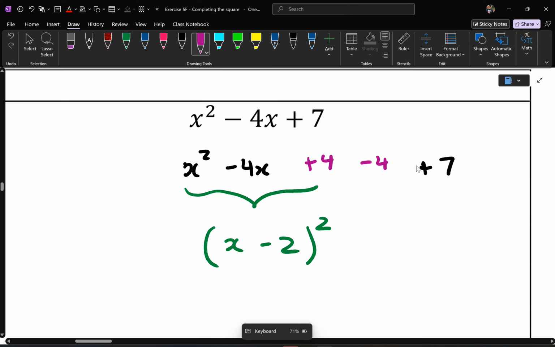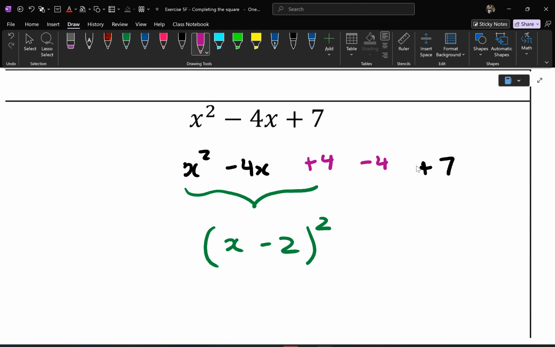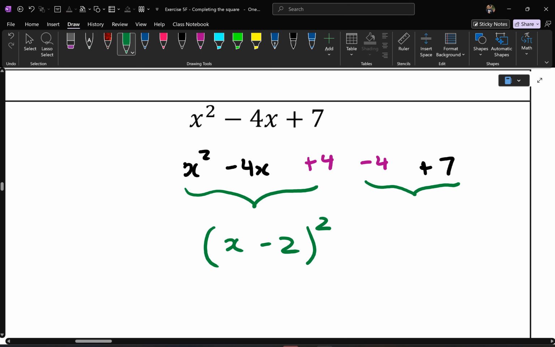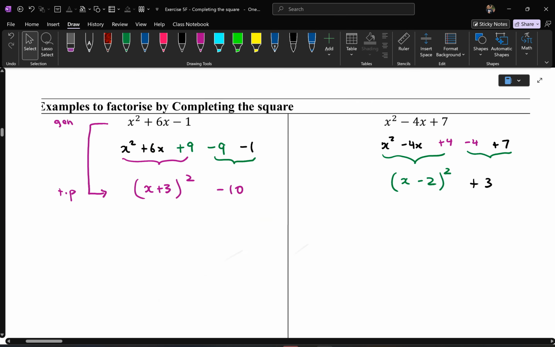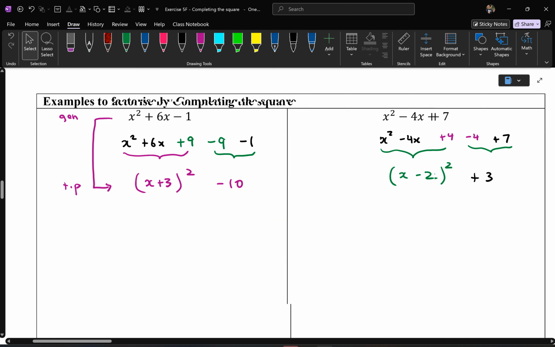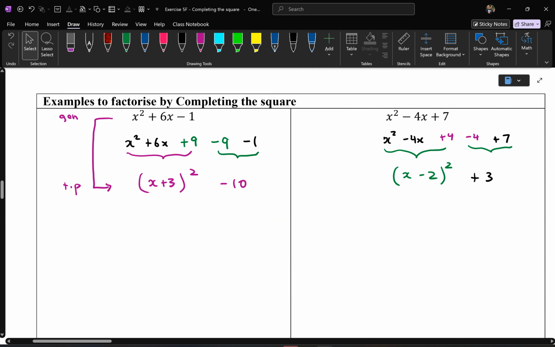So we got up to this bit where we said x squared minus 4x plus 4 was x minus 2 squared. That's your perfect square. Here's your missing bit. Negative 4 plus 7 gives you plus 3. Now, notice the question says factorize by completing the square.